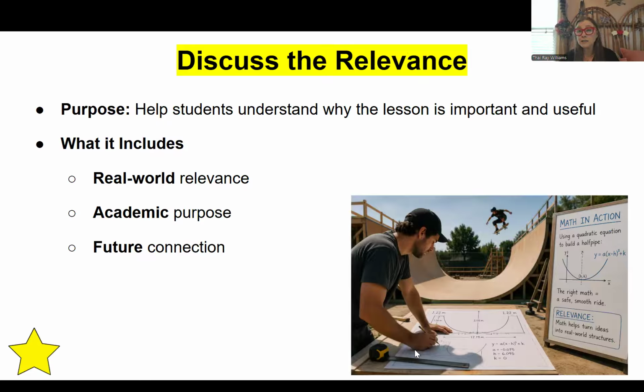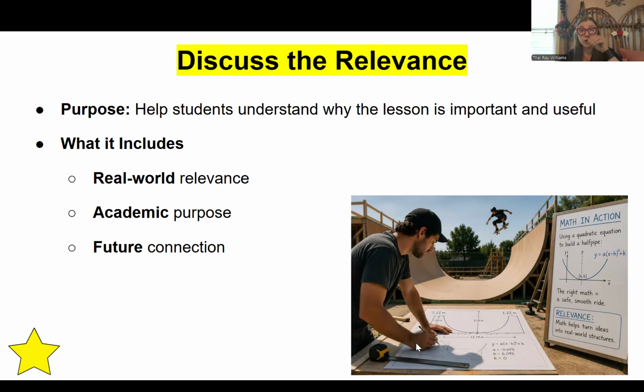And so if I had a student in my class who loves skateboarding, I don't know if they still do, but in my day, that would be called a skate rat. Skate rats were skateboarders who were all about some skateboarding. And if we were doing quadratic equations, I would make sure that I shared with that student, hey, Jamal, I heard you talking about building a half pipe in your backyard, that was something you wanted to do.